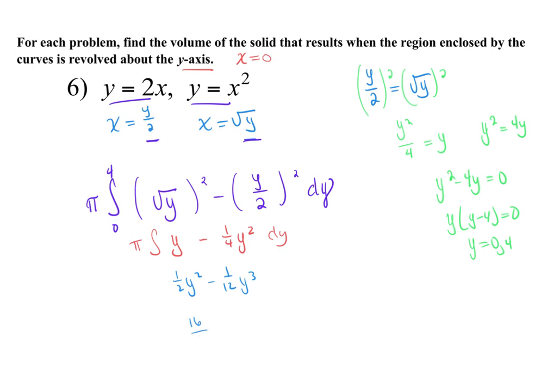We get 16 over 2 minus 64 over 12. This is 8. This goes in 16/3. 16/3 is 5 1/3. So that's 2 2/3, which is 8/3. And then we have that little pi there.